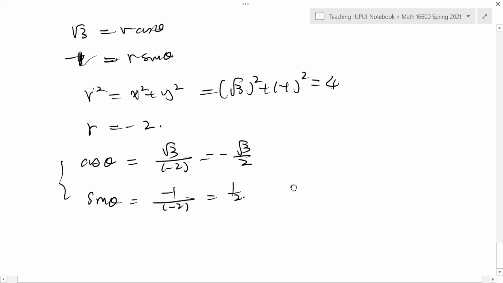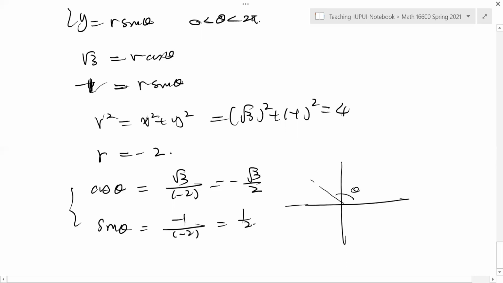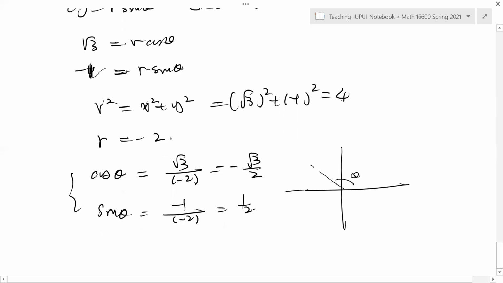So where is the angle? I think the angle is in the second quadrant, because cosine is negative and sine is positive. Without too much trouble, one can get the angle.